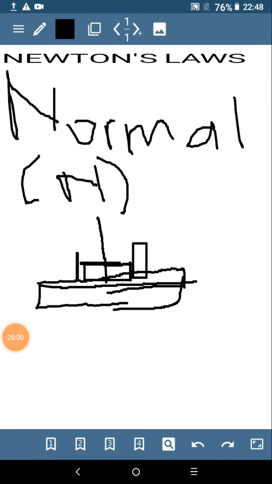If you have an object resting on an incline, there is a normal force because it is on a surface, be it a hill or whatever. So we are saying this force acts perpendicular.